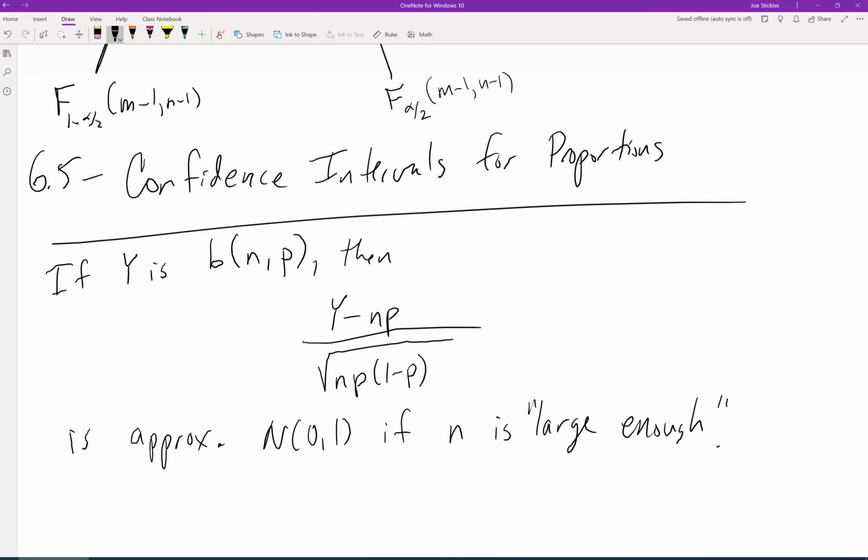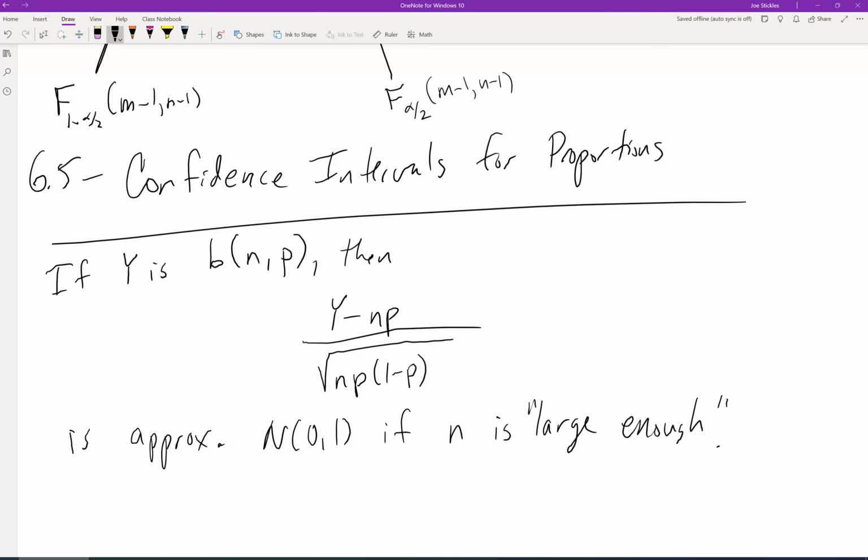That's where we get the variance for the binomial. And then take the square root and get the standard deviation. So we're just doing variable minus mean divided by standard deviation, a standardizing idea. The reason why it's approximately normal if n is large enough, again, is that it's a sum of independent and identical random variables. They're all the same Bernoulli trial.